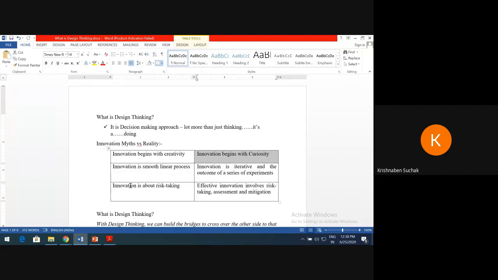Then the myth is that innovation is a smooth linear process. That wow, we can smoothly go through this process and we can innovate it. But that is myth. The reality is innovation is iterative and the outcome of a series of experiments. Once if you do something, the experiment might go west, right?